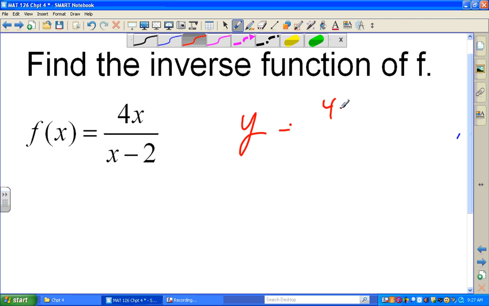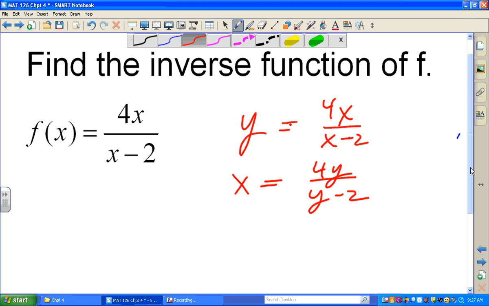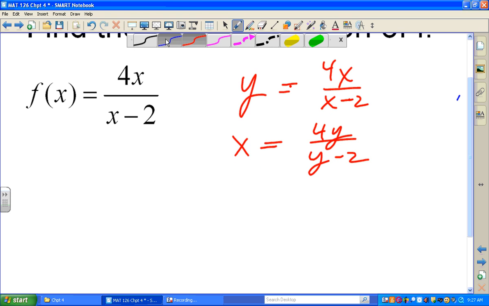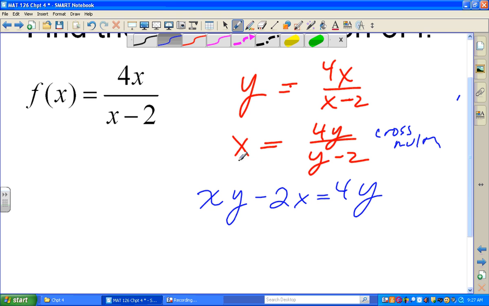Y equals 4x over x minus 2. Now it becomes x equals 4y over y minus 2. There we go. Now we're ready to cross multiply. So, I end up with xy minus 2x equals 4y. All right, now I'm back in the game.